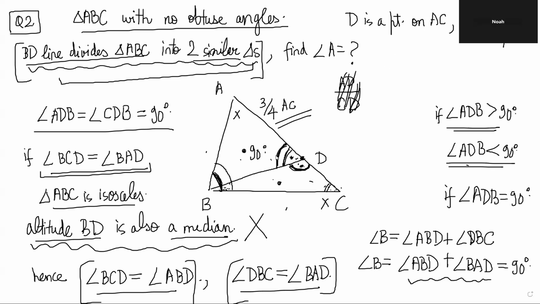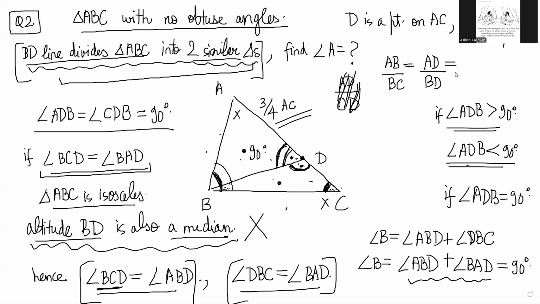So 90-degree opposite is AB in the big triangle, and in this triangle, it is BC, right? And then opposite BCD is this angle, it was equal to ABD. So in the big triangle, ABD's opposite is AD, and in the small triangle, this opposite to this is BD, right?